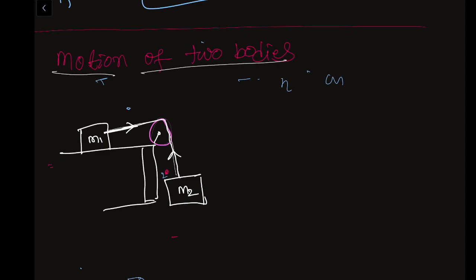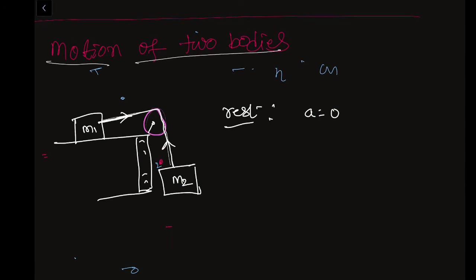In this case, children, if the two bodies are at rest, rest means acceleration is 0. At this condition we write, my dear children, tension T is equal to M2 g.